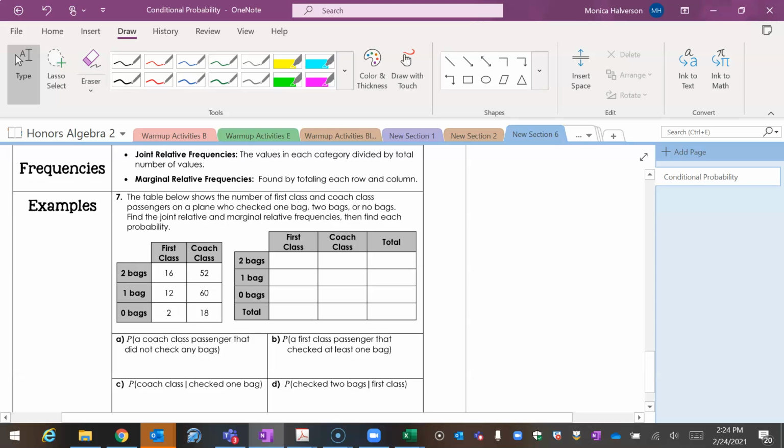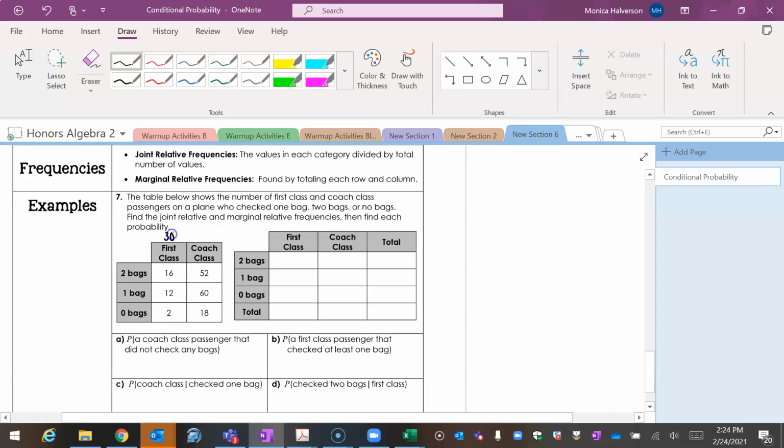So for example, the table below shows the number of first class and coach class passengers on a plane who checked 1 bag, 2 bags, and no bags. Find the joint relative frequency and the marginal relative frequencies, then add each probability. Remember, you need to add up every column and row first.